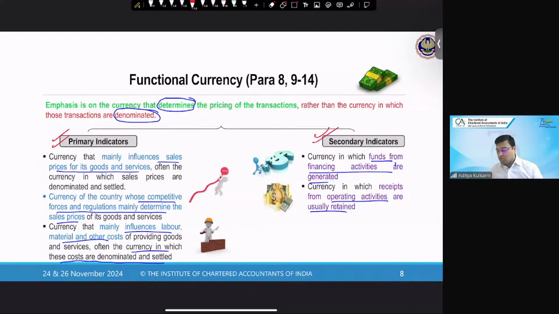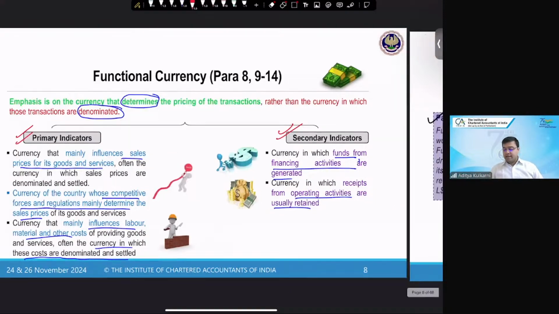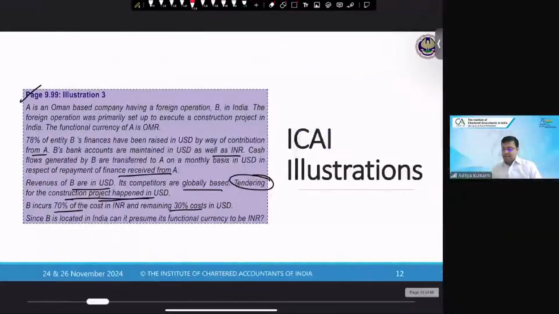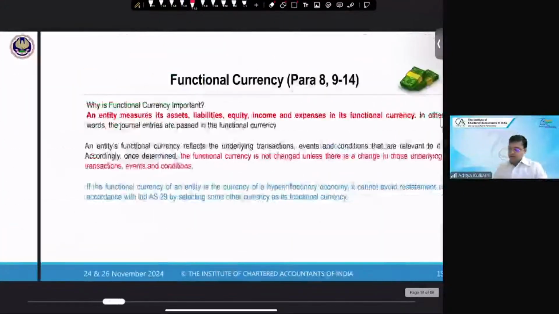So don't do the secondary indicators first, okay? Because in the previous question I saw somebody said financing happens in the very first part. Don't bring that in the first part. Bring that towards the end. Okay, so that takes care of this part also.